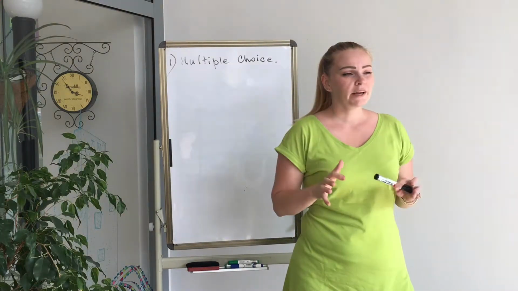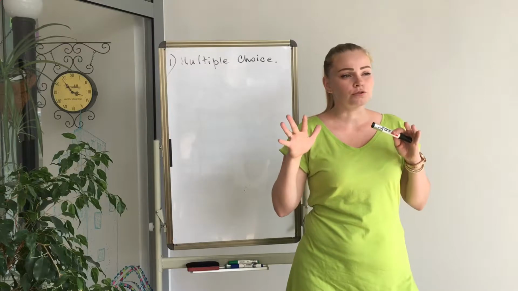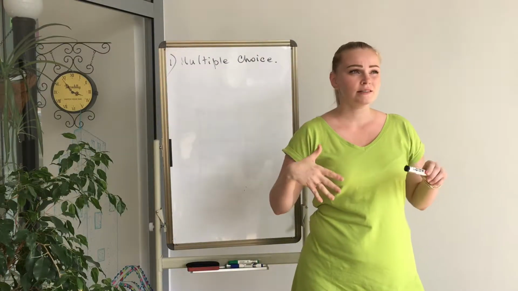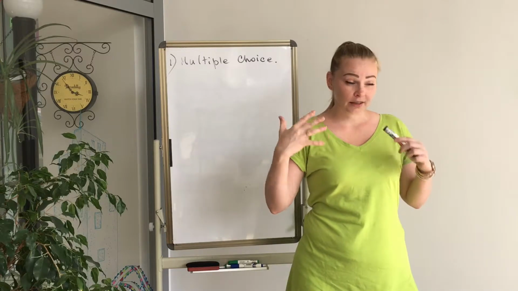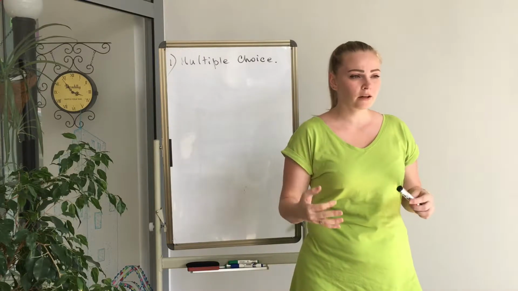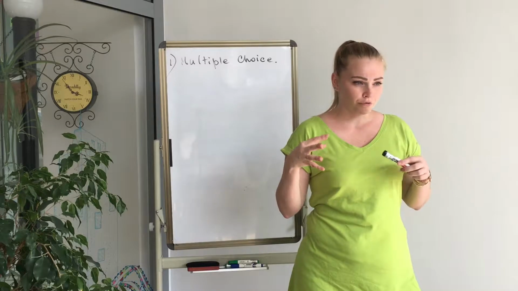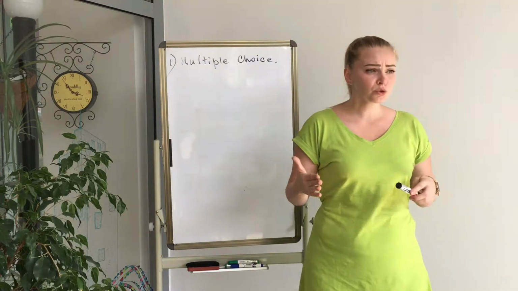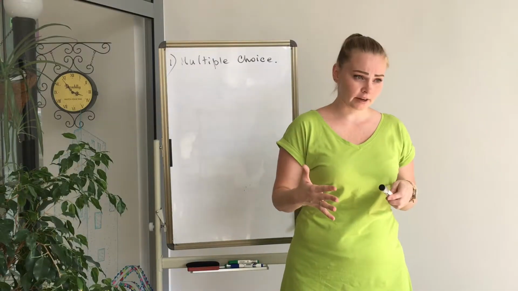So why do we need first of all to know and to be able to identify type of task? Because each type of task has its own algorithm of treatment, of making this test, of following some rules to find the correct answer.